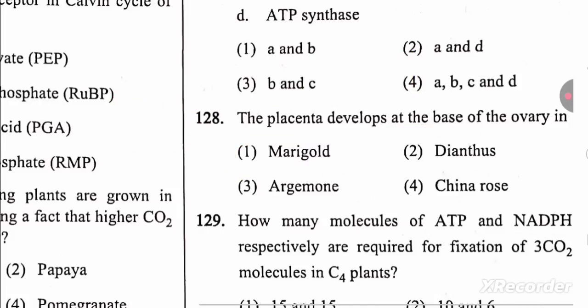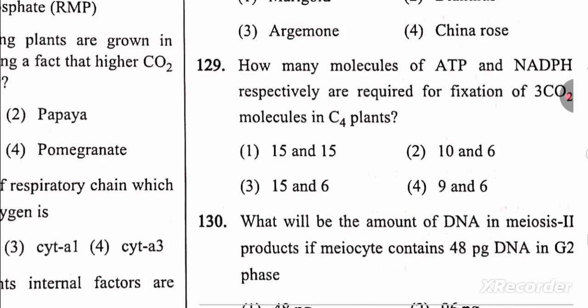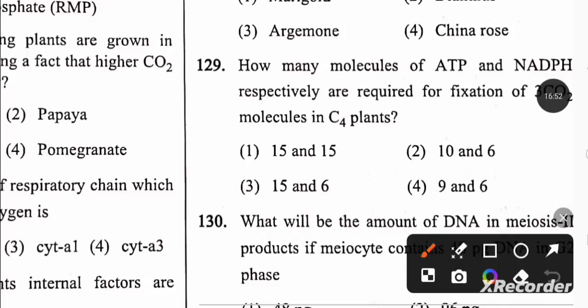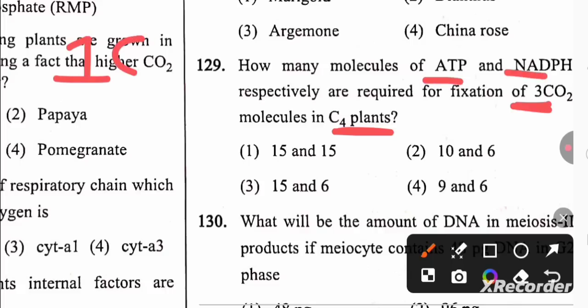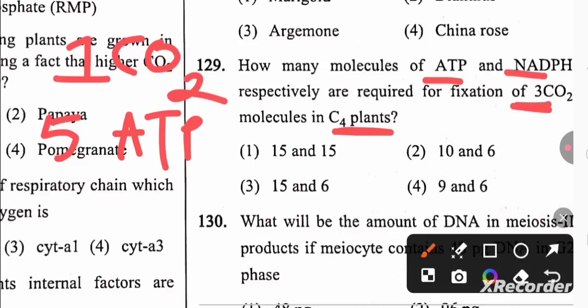Next question: how many ATP molecules and NADPH molecules are required for the fixation of 3 carbon dioxide? To fix 3 carbon dioxide molecules in C4 plants, how many ATPs and how many NADPH are required? We know that to fix 1 carbon dioxide, there is a requirement of 5 ATPs and 2 NADPH.